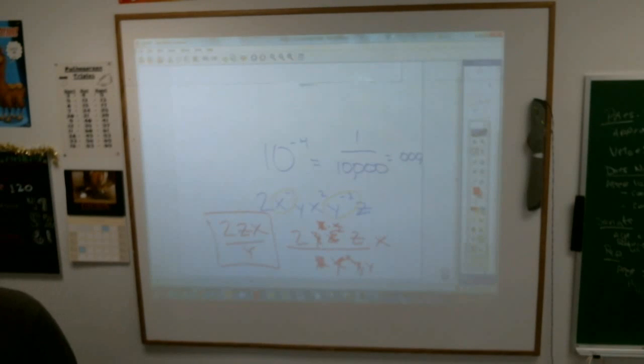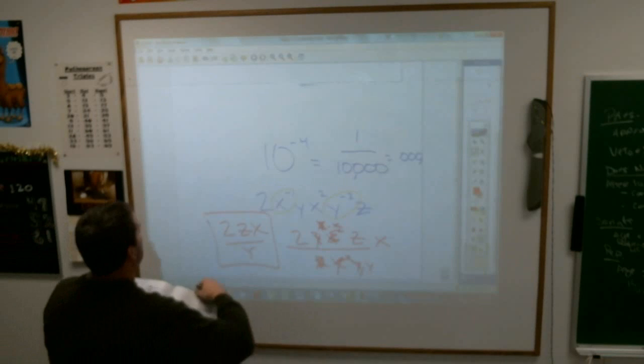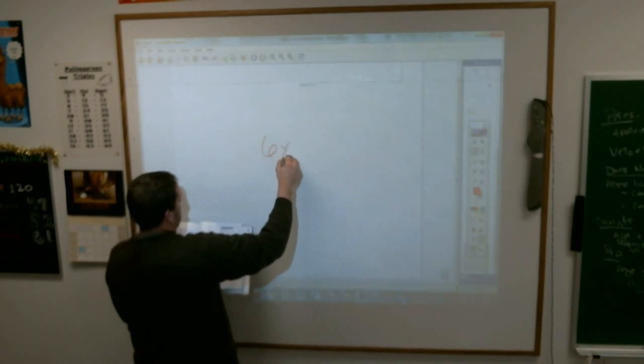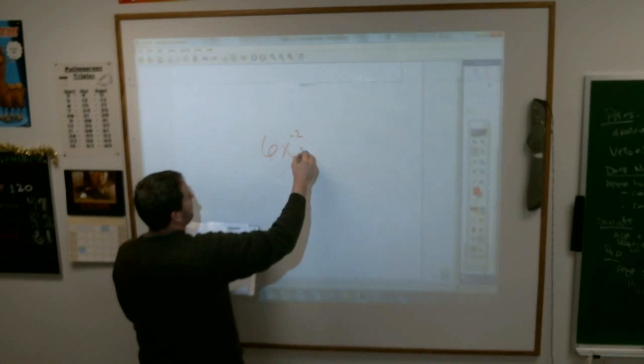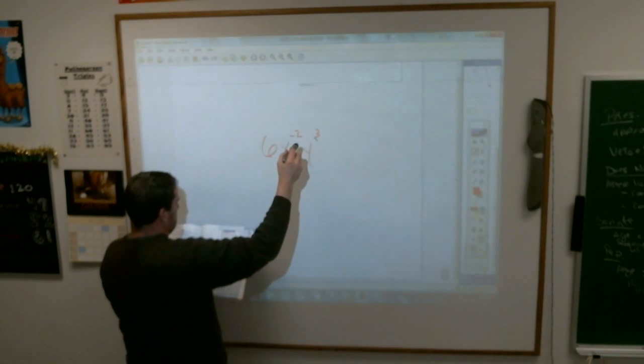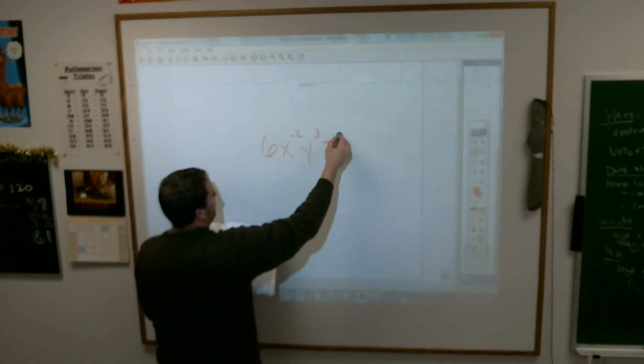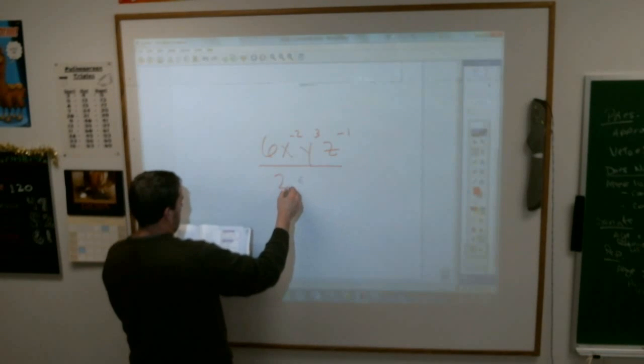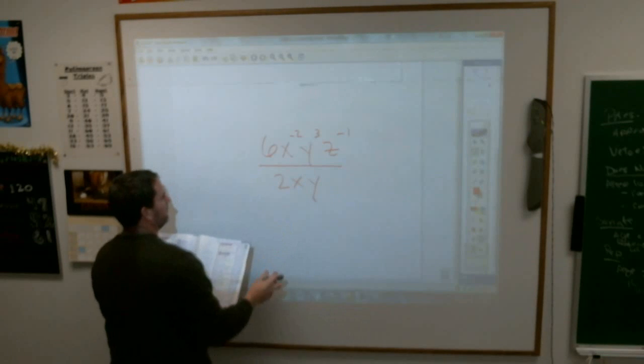Correct. I should give you another one of those because I can tell you're absolutely aghast and excited about that. How about this one? I'll give you a chance to do this one. 6x to the negative 2, y to the third, z to the negative 1 over 2xy.